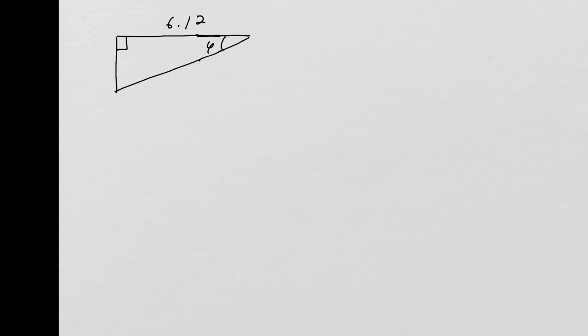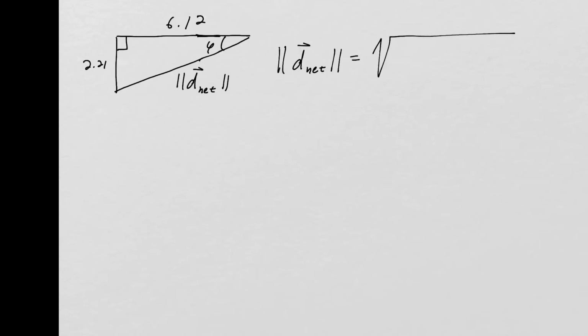And the y component of the net displacement was negative 2.12, so this length will just be positive 2.12. If I want to find the magnitude of that net displacement, I'm going to use the Pythagorean theorem. So this would be the square root of 6.12 squared plus 2.12 squared.